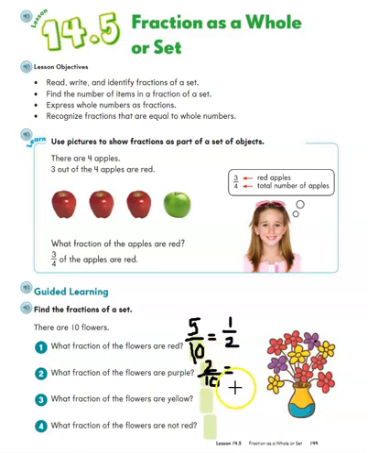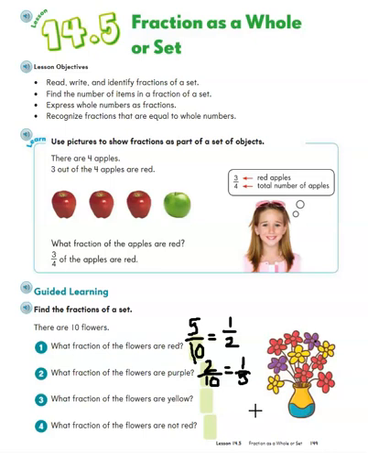They're both even numbers. So 2 divided by 2 is 1, and 10 divided by 2 is 5. So that means that not only are 2/10 of the flowers purple, but 1/5 of the flowers are purple.